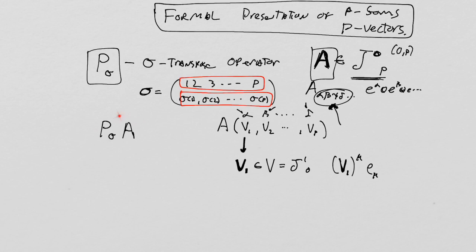So what is this thing? This is an operator, the sigma transpose operator, that operates on A. So it's going to produce another tensor, and what is that tensor going to be?